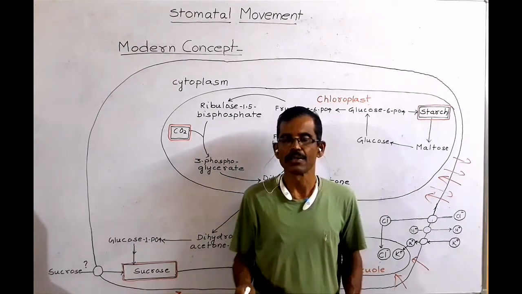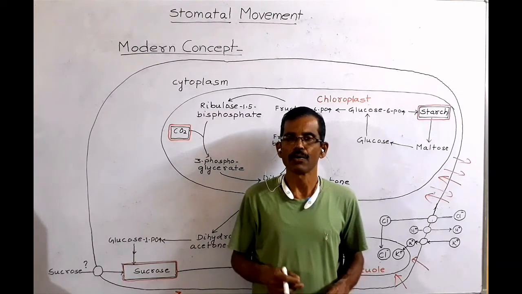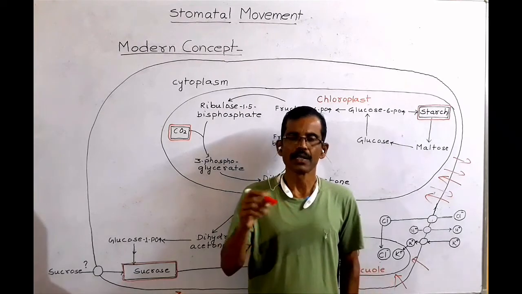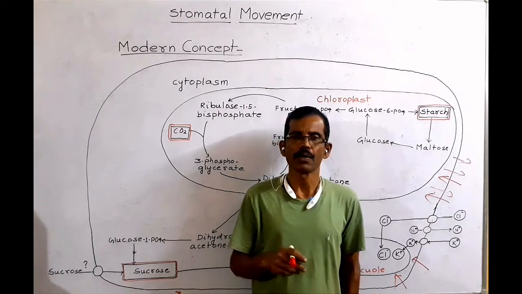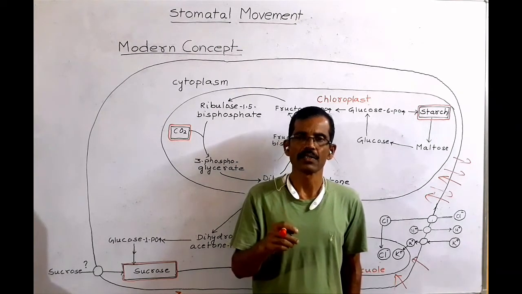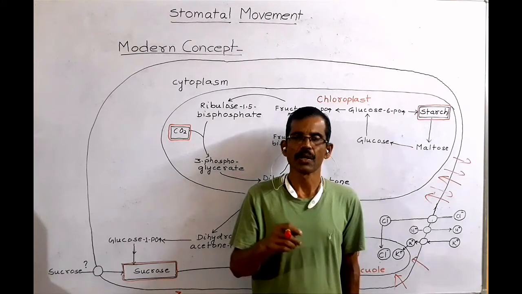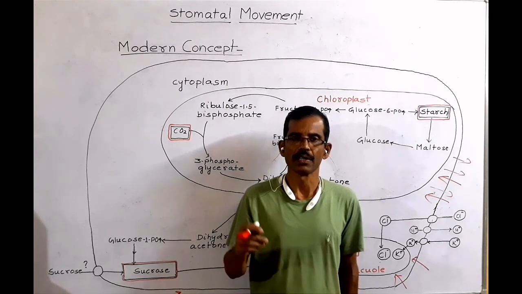As a result, the guard cells become flaccid and the stoma closes. But with the discovery of the major role of potassium ion and counter ion in osmoregulation of guard cells, the starch sugar hypothesis is no longer considered as important.